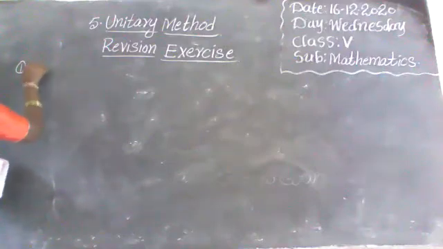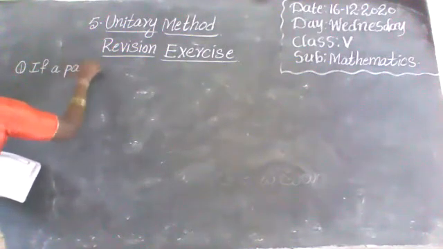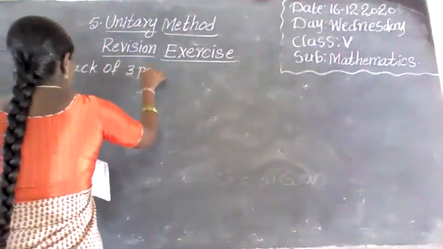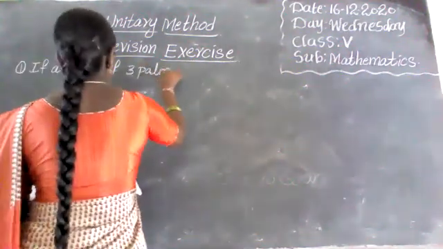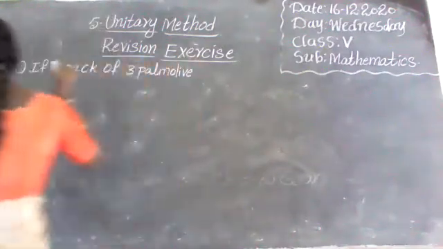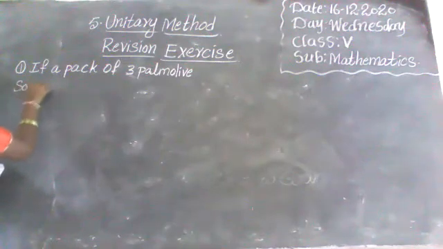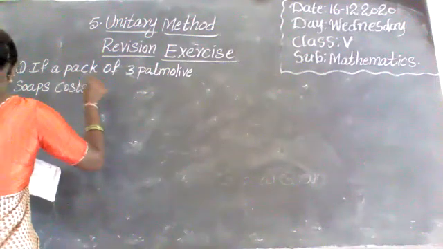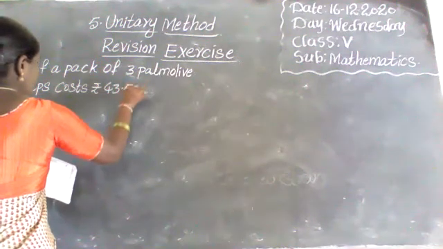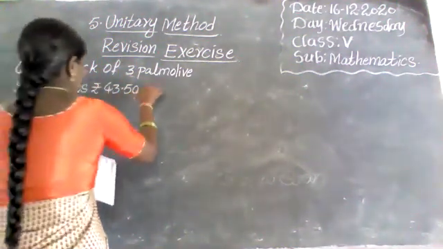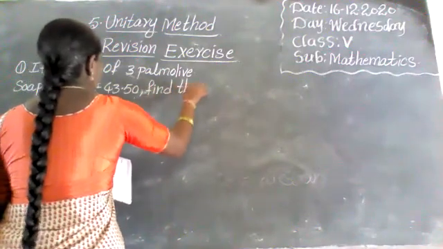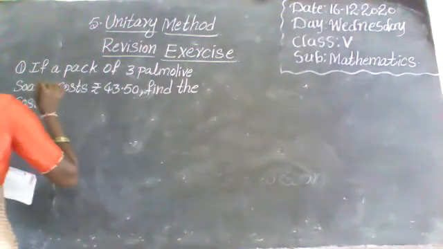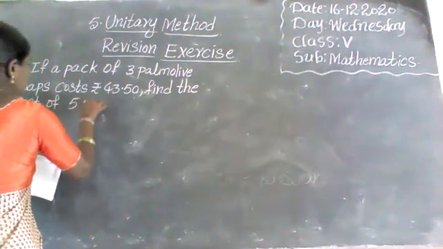If you pack up three Palmolive soaps, cost rupees 43.50, means 43 rupees 50 paise. Find the cost of five Palmolive soaps.